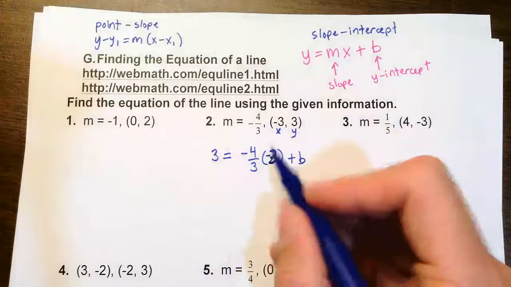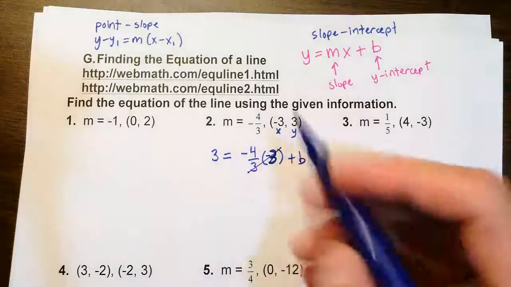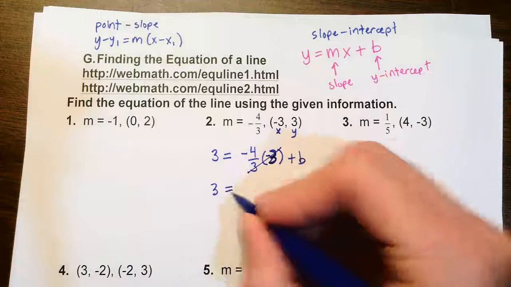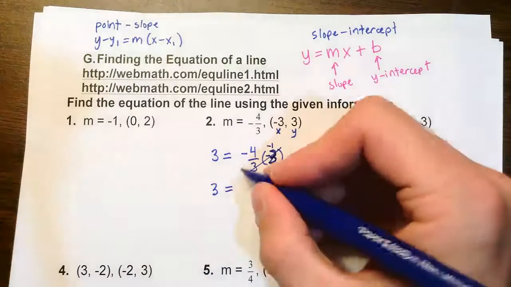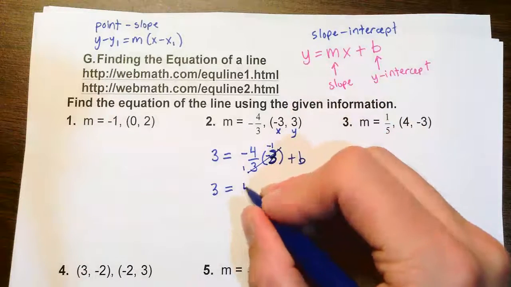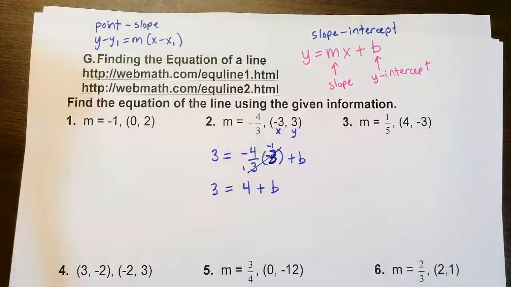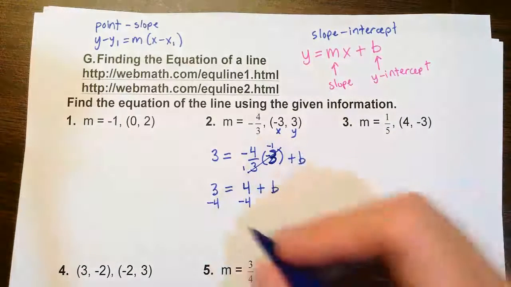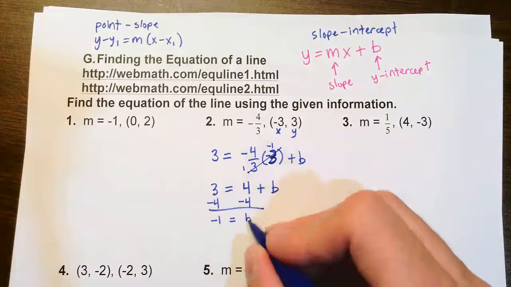Doing a little bit of multiplying here, these 3's cancel each other out. A negative times a negative ends up being positive, because this ends up being -1 when I simplify that, and this ends up being 1. So I end up with 4 plus b. Now I can solve for b, subtracting 4 on both sides. I get that b is equal to -1.